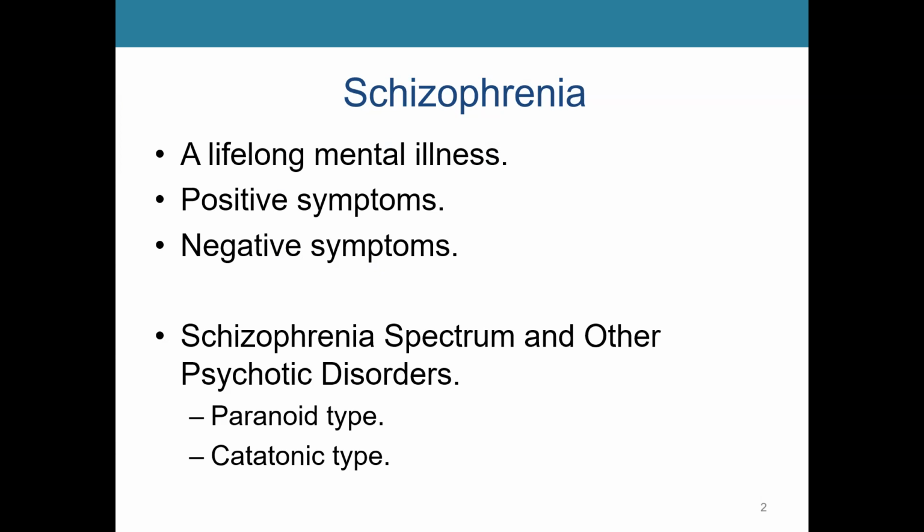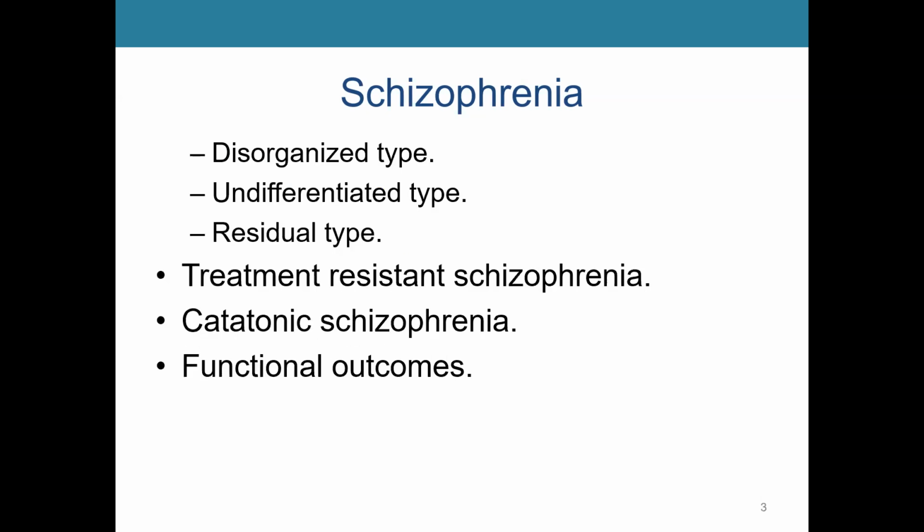The paranoid type is characterized by prominently positive symptoms, and the catatonic type has predominantly negative symptoms, including immobility. The disorganized type is characterized by disorganized behaviors and silly or immature emotional expression, and the undifferentiated type doesn't appropriately fit any of the other categories.